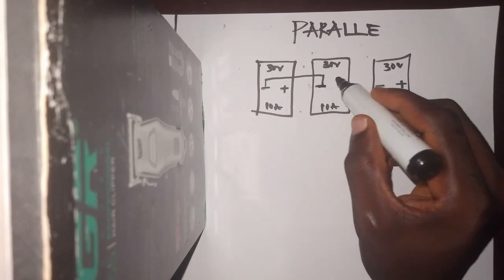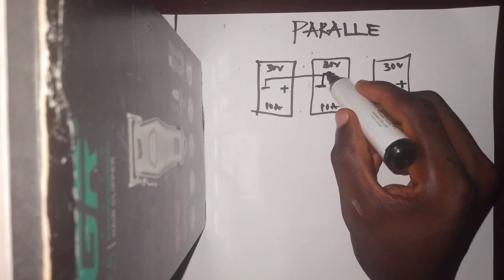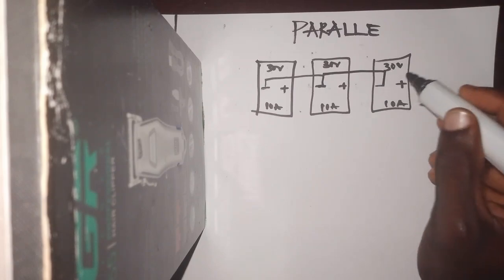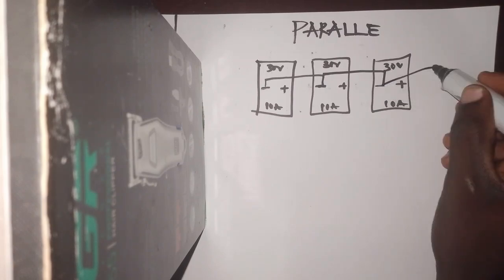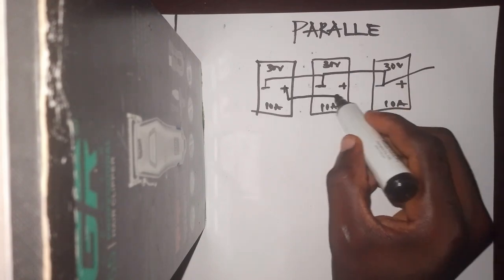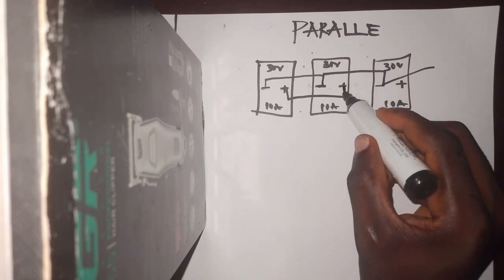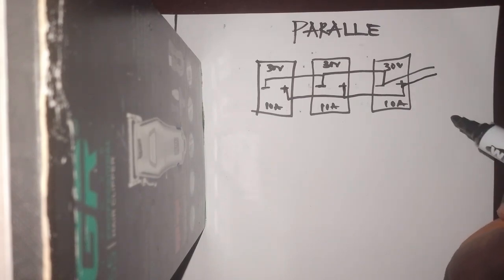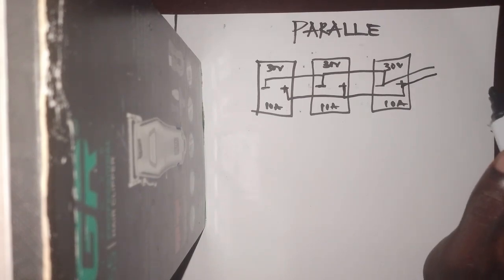Then from this negative terminal, you also connect to the other negative terminal. Then this is the output. Also, the same thing with positive. Connect them, and this is the output. You've just connected these panels in parallel.